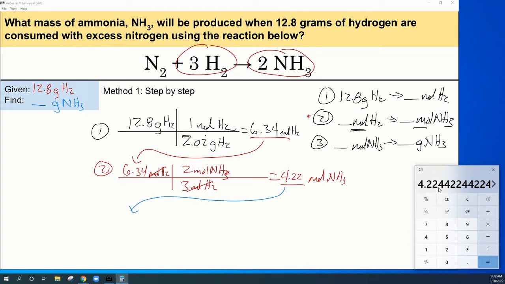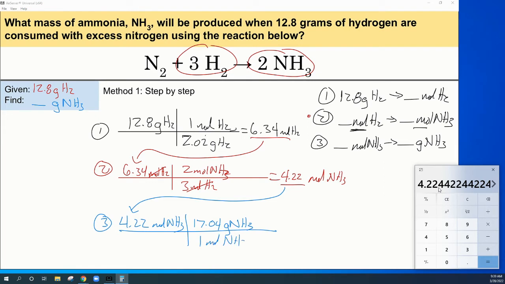But now I need to change that to grams of ammonia, so I'm going to use my periodic table again. 4.22 moles of NH3. Going to turn that into grams of ammonia, so take 17 from the periodic table, add everything up. You should get 17.04 grams of ammonia to every 1 mole of ammonia.